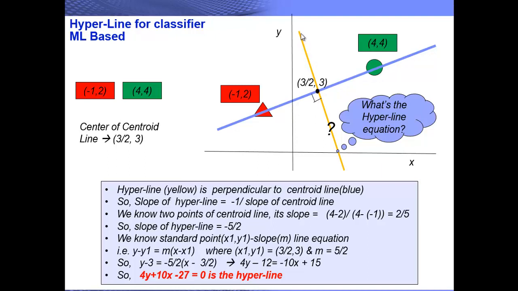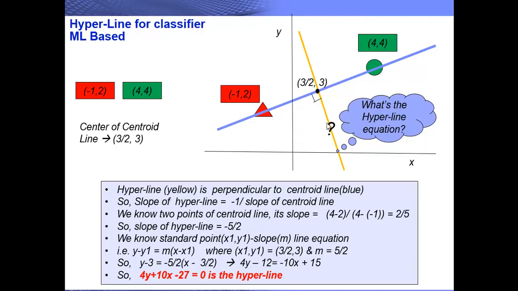So I can say the slope of this line will be minus 1 divided by the slope of this line. So minus 1 divided by 2 by 5, which is nothing but minus 5 by 2. So the yellow line will have a slope of minus 5 by 2.